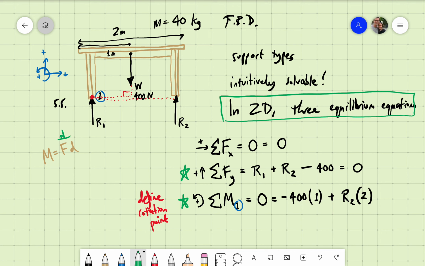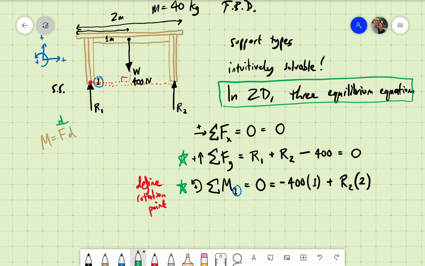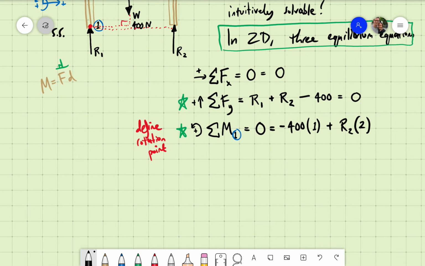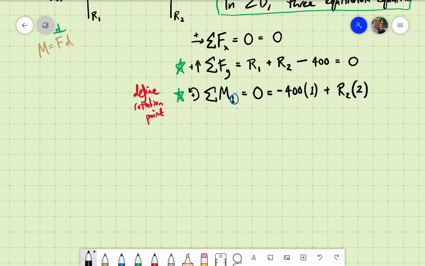We can do this. And I might just move the screen a touch. So let's put these together. I'm just going to carry the working down here a little bit, just clean it up. R1 plus R2 equals 400. You see I added 400 to both sides.